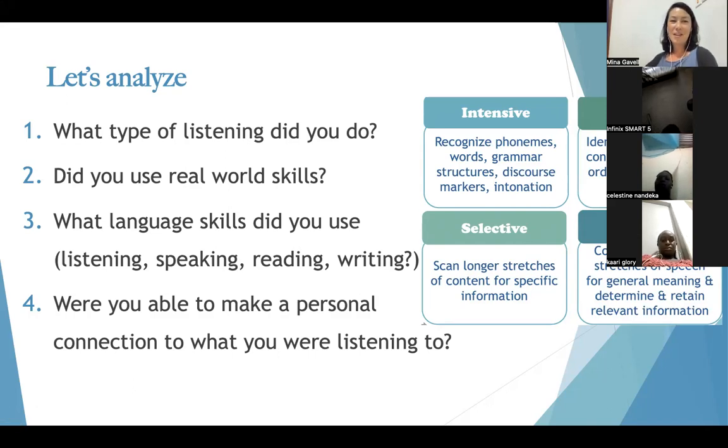What language skills did you use in this lesson? I know we didn't actually do any of these, but if we did the whole lesson, which skills would you use? Listening, speaking, reading, writing. You can use the chat or you can answer aloud.